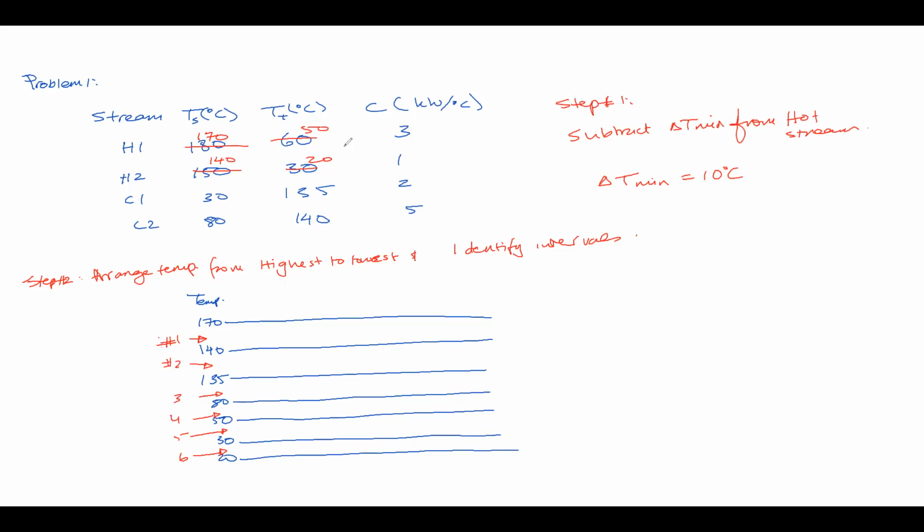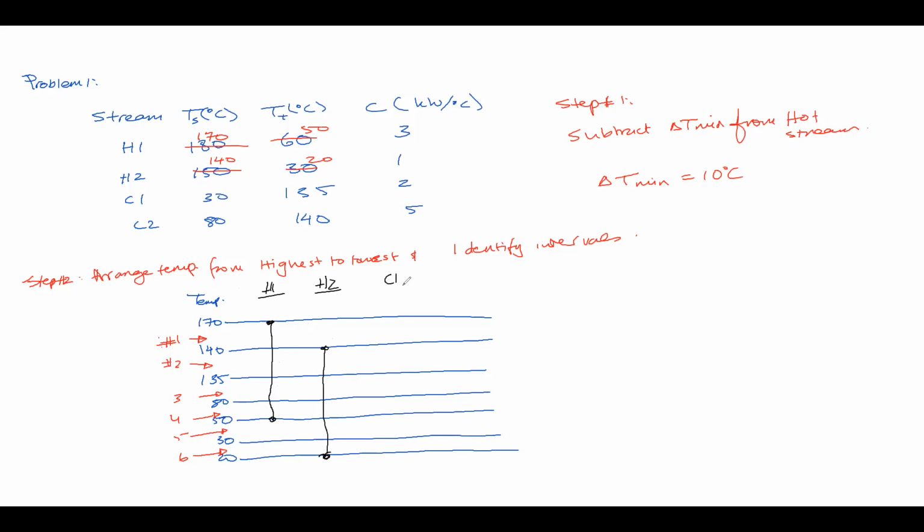Now let's draw the streams. H1 in this case goes from 170 all the way to 50. Let's draw this line. H2 goes from 140 all the way to 20.